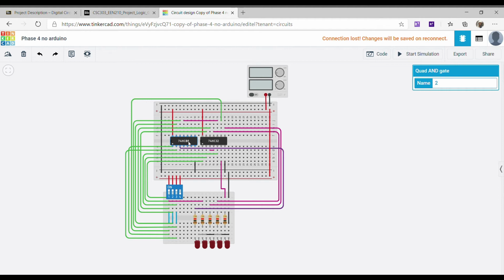L1 was A plus B plus C. We'll assume that A is 1, B is 2, and C is 3. The plus tells us it is an OR gate, so we will move to the OR gate, which is this one. As shown here, L1 equals A plus B plus C from the Boolean expression.